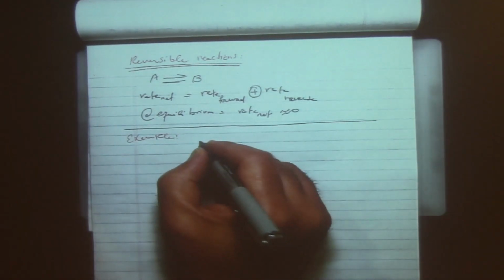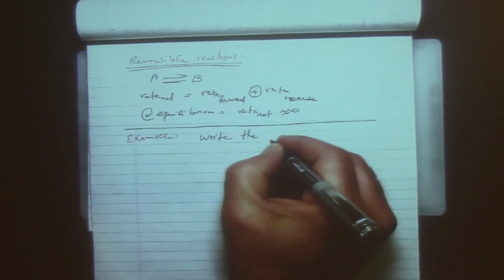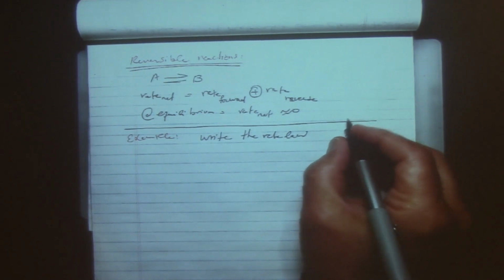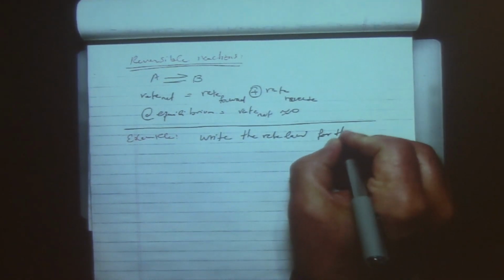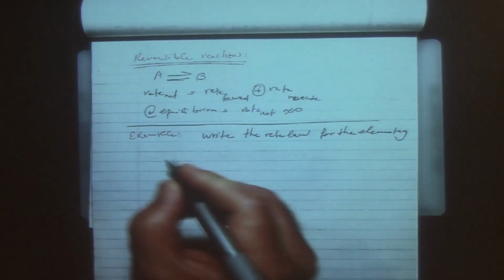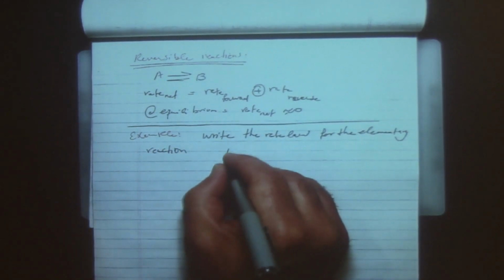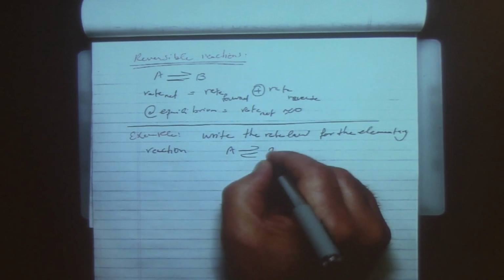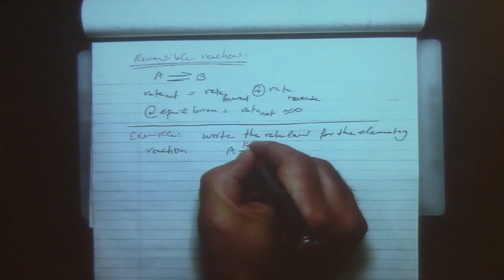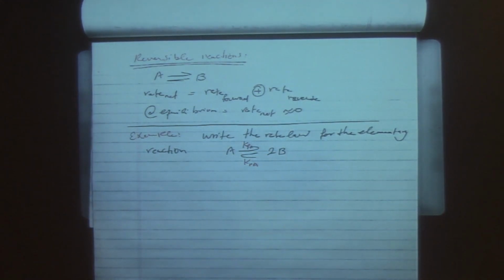The question is: write the rate law for the elementary reaction A gives 2B, and obviously we have K forward A and K reverse A from right to left.